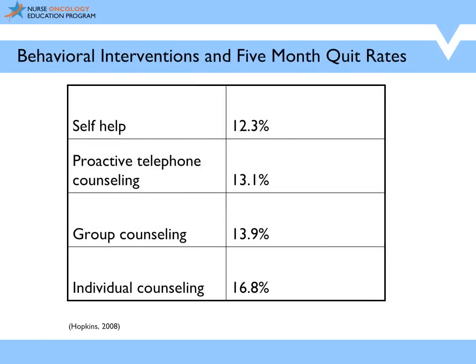Let's talk about success rates. The chart before you will list some options, but before that I want to talk about cold turkey success rates. Cold turkey means the tobacco user just drops the use of their tobacco product and never looks back. That success ranges anywhere from 4 to 10%. Self-help gives a 12% success rate.